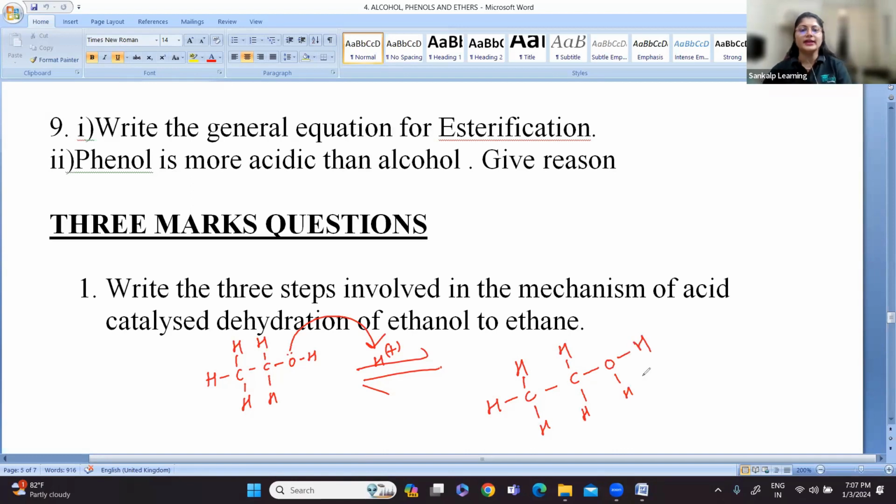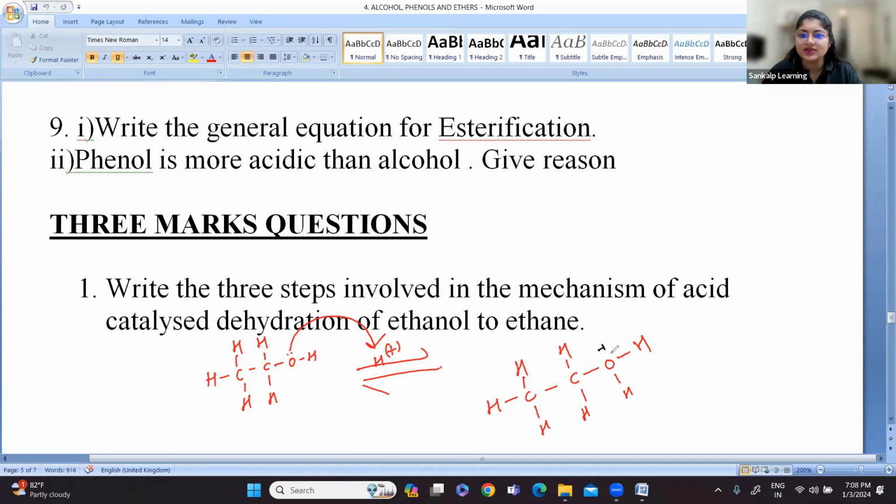Suppose I write it like this only, will I get the marks here? If you don't write this positive charge, even if you write the next step, you will not get marks.